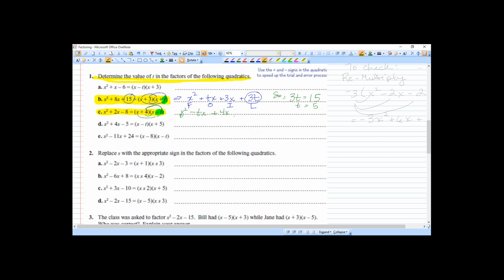The last is minus 4 times t. When they multiply, the whole thing is negative. So if we go back to that original one, that last multiplication, negative 4t, should be negative 8. So negative 4t is equal to negative 8.